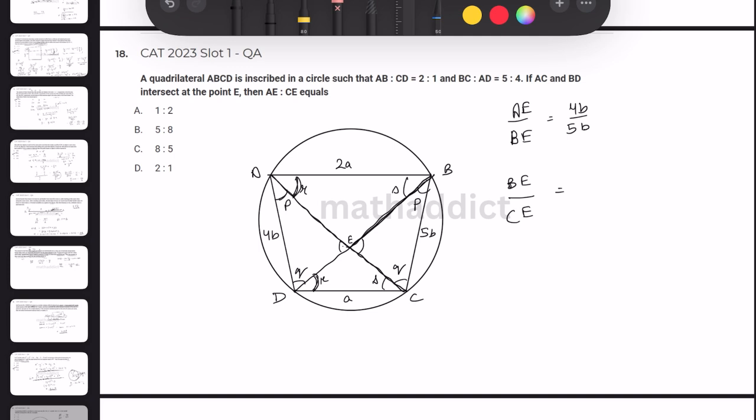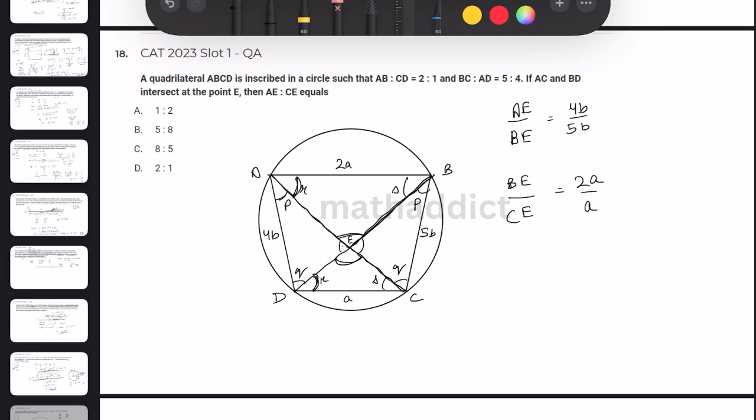The sides opposite to angle R are the same, so the ratio would be the same as the sides opposite to these two angles. So that is 2A by A.